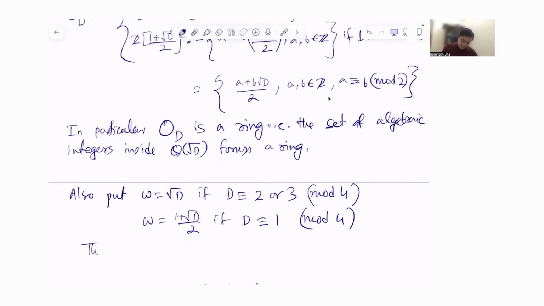Then O_D is Z plus Z omega, and this is a direct sum, you can see.